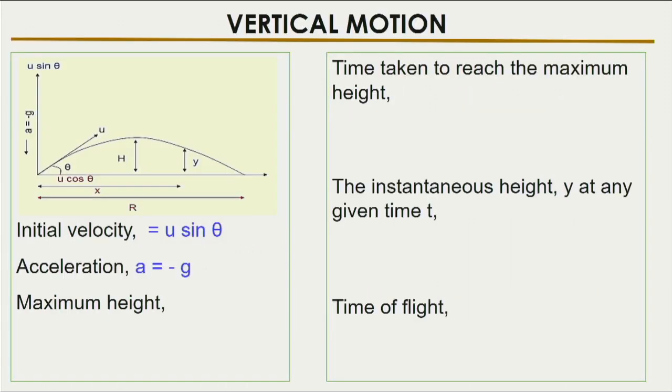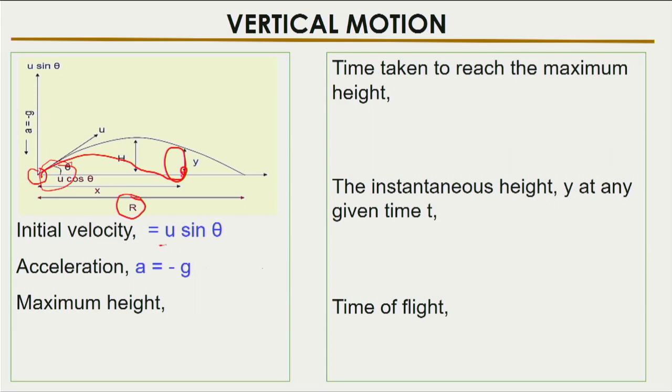Next, this is the vertical motion. This is the diagram for parabolic projectile motion. This is theta, and this is the range. x is the distance from the origin point to any point here.